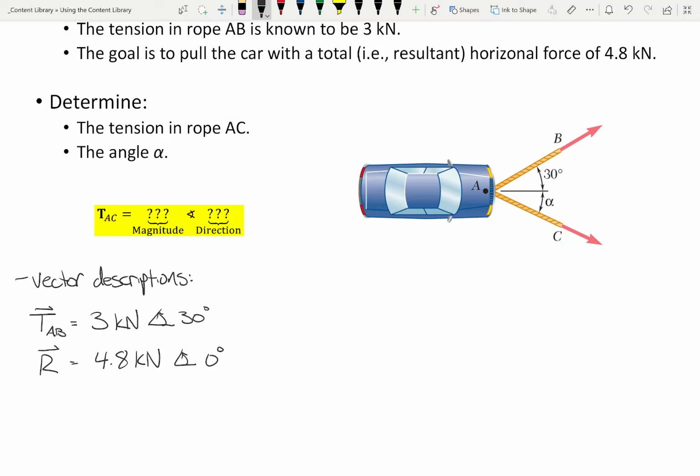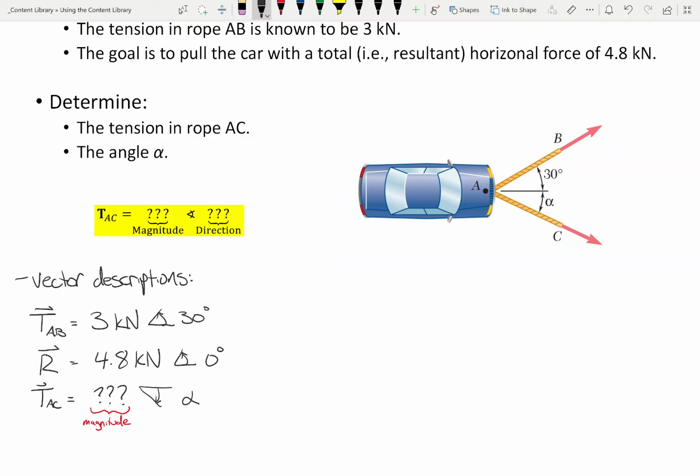As for T sub AC, this is my unknown. For T sub AC, I'm going to say it's some magnitude, at some angle alpha.